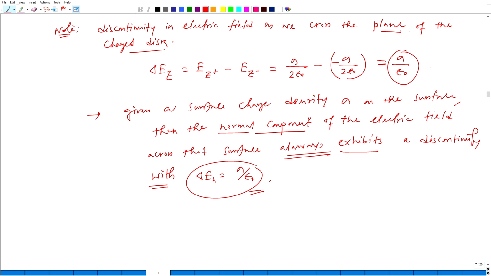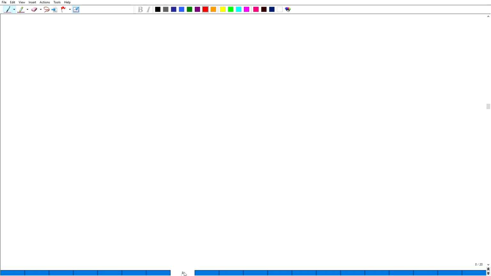So, next we will go into the next charge distribution, which is the volume charge density. The volume charge density, the same way we define. This is the generalization of a surface charge density.